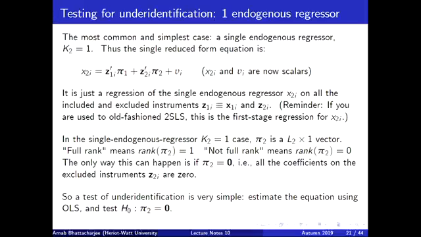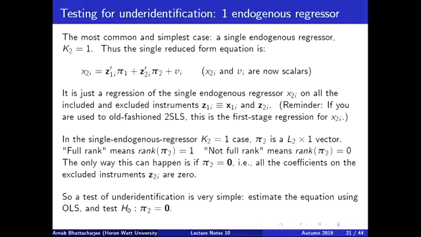What rank does pi2 need to have? Well, pi2 can have maximum rank 1, right, because it has a single column and it needs to have rank 1. Okay? So, what does pi2 need to be?